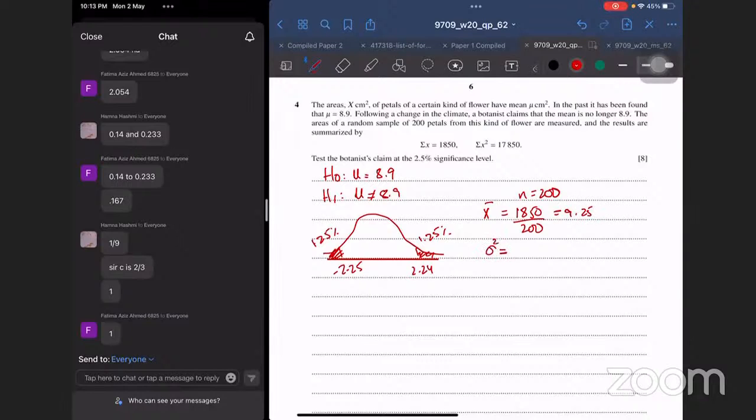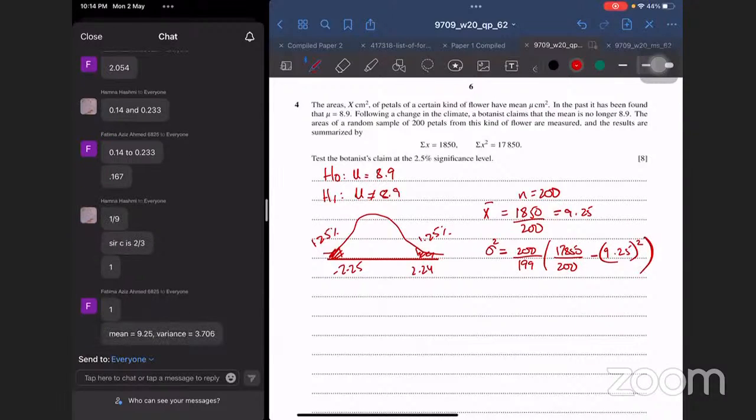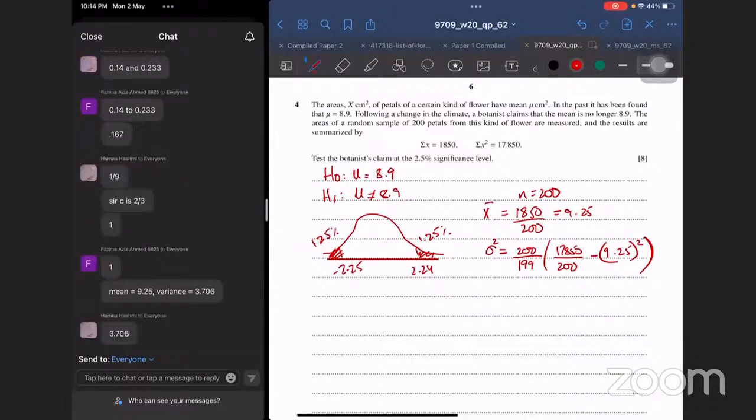सिग्मा आ जाएगा, पहले मैं सिग्मा स्क्वायर निकाल लेता हूँ, तो वो बनेगा 200 over 199, 17850 divided by 200. Okay, 17850 divided by 200 minus 9.25 का square into 200 divided by 199.